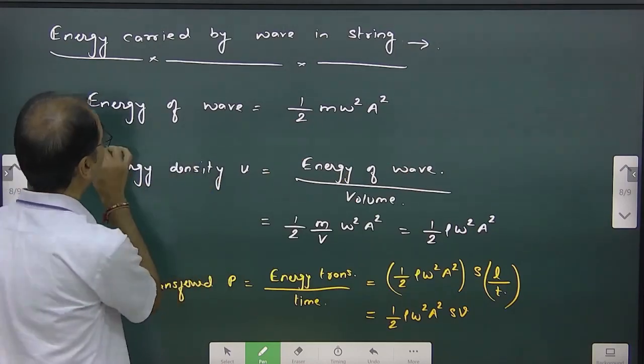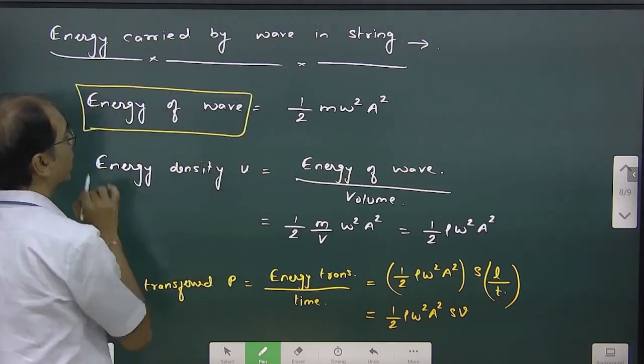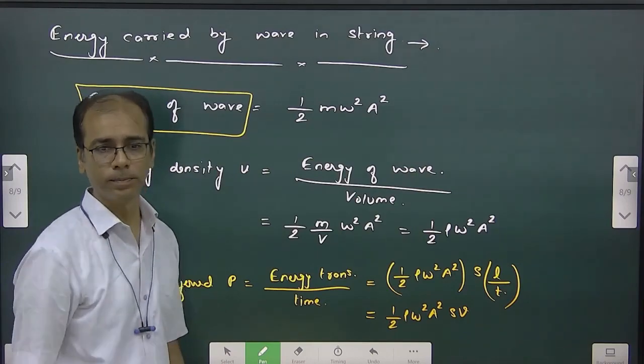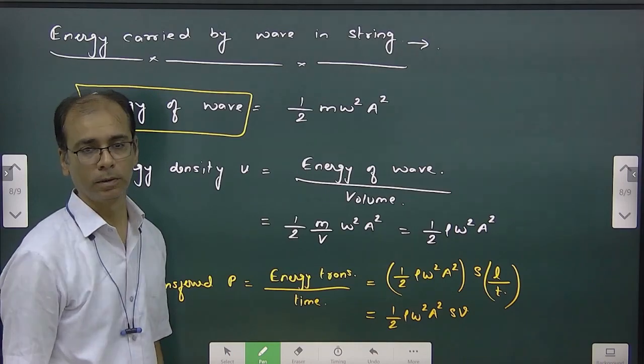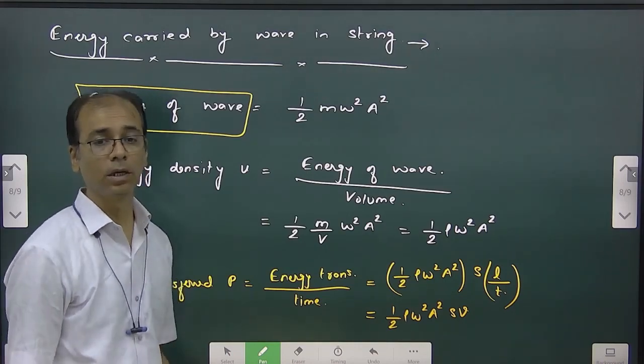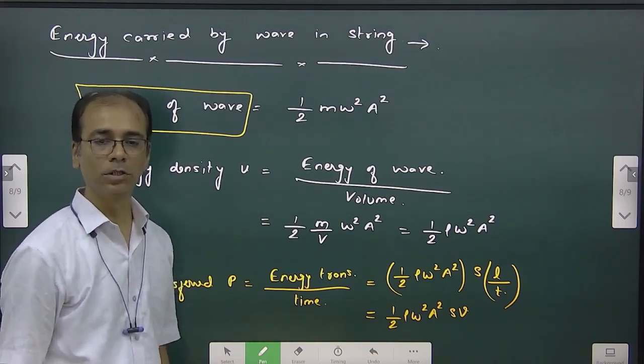Now I'm going back. This energy of wave that you have written, is it kinetic energy, potential energy, or both? Both. It is the average of both. Then how much is kinetic energy? Half of this. How much is potential energy? Half of this.